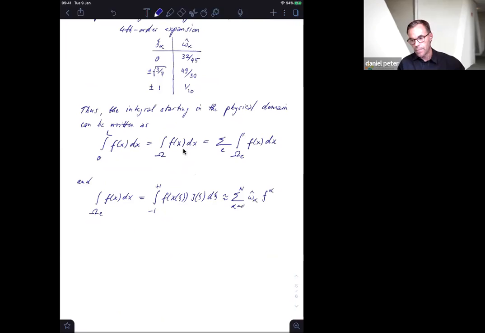Then we have f alpha, because we saw that the function value at the nodal point, the GLL point, will be the coefficient f alpha, times the Jacobian evaluated for that nodal point position, which we can call J alpha.